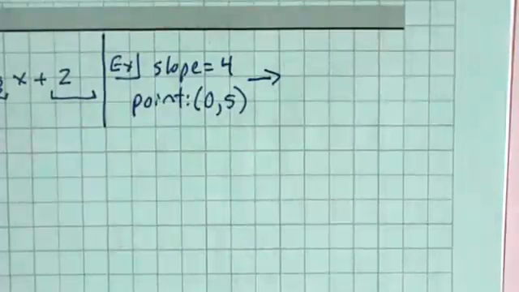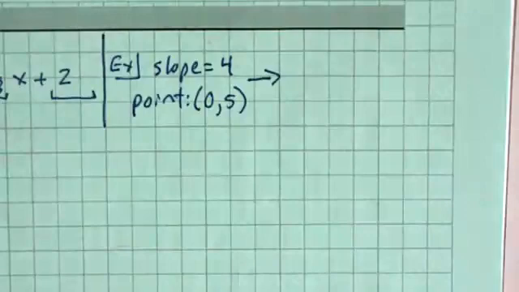This one's a little bit trickier. Slope is 4 and it goes through 0, 5.